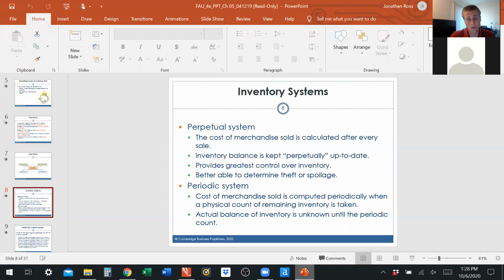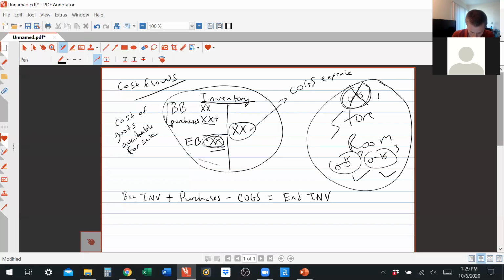You record the sales revenue, you record that journal entry, but you don't record the reduction to inventory and the debit to cost of goods sold expense. You wait until the end of the period, and you make a physical count of your inventory at the end of the period. And based on that physical count, you'll know this number, and then you can back out this number.